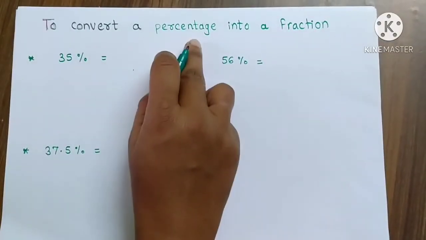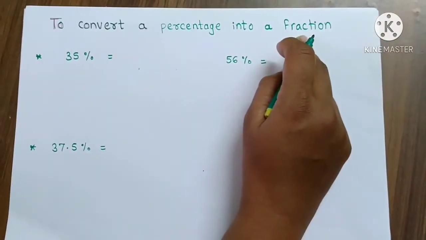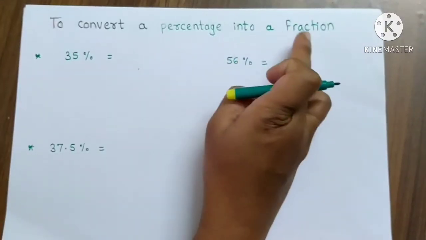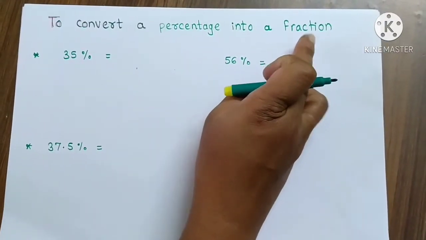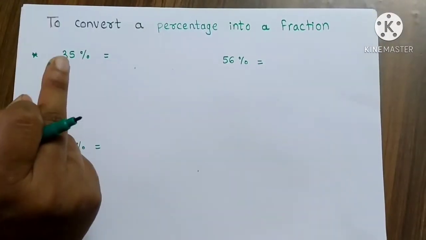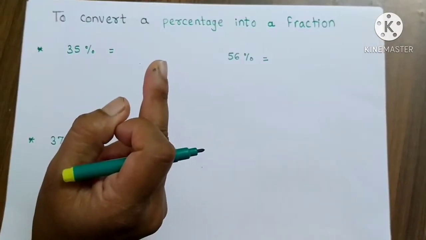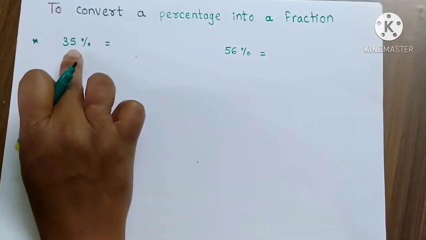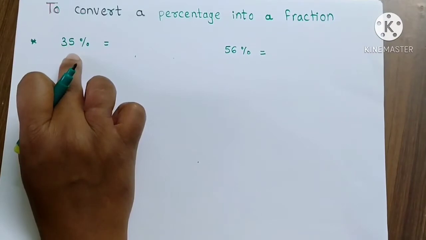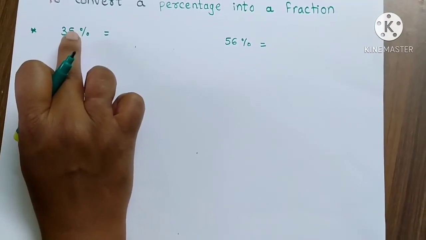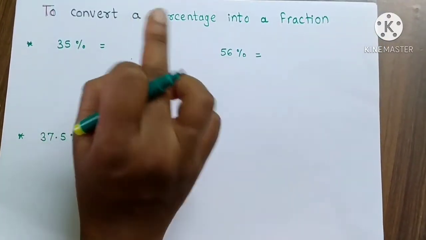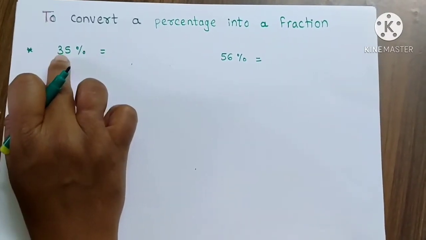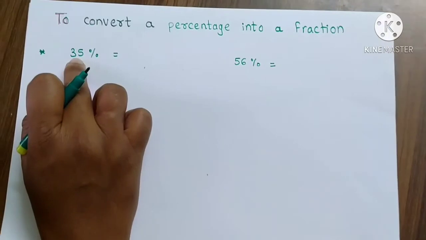Means this is a percentage and we have to divide this percentage by 100 to remove the sign of percentage. We have to remove this sign of percentage to convert this 35 into the fraction.